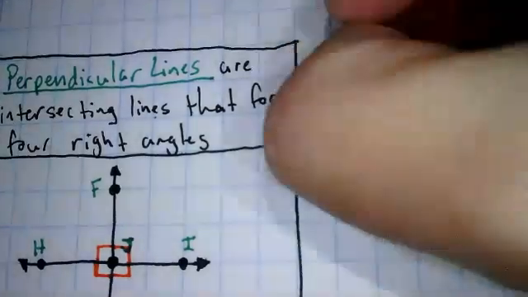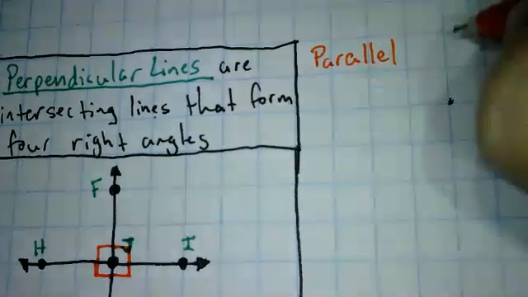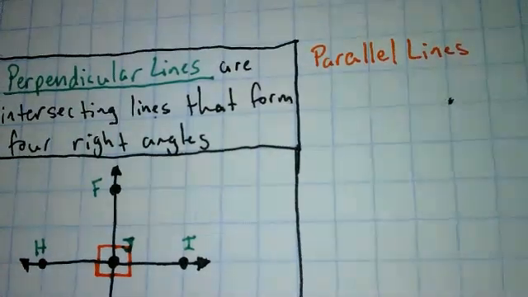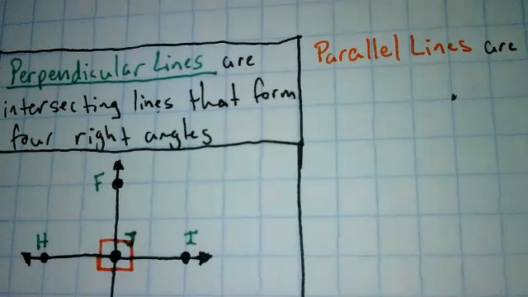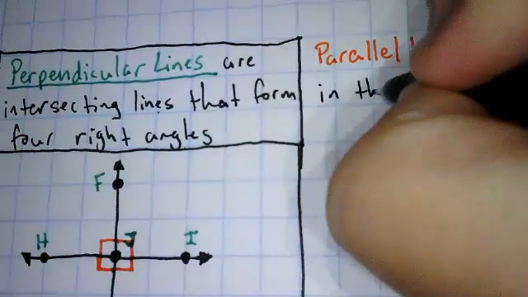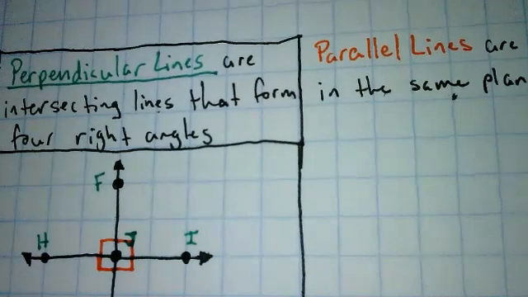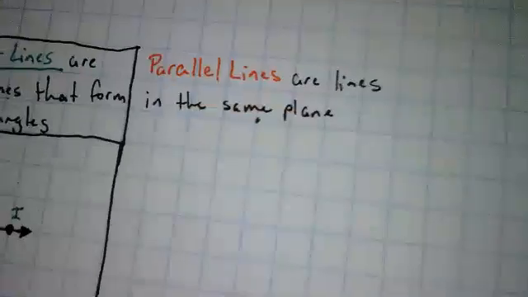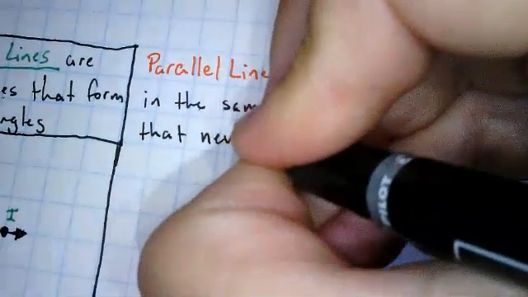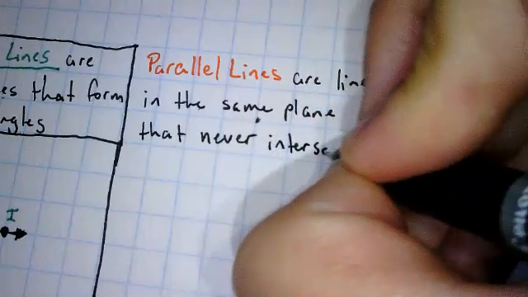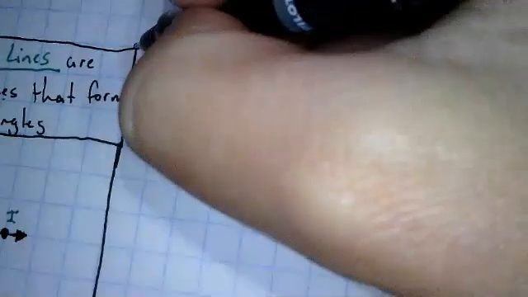So let's write our parallel definition. Everyone say parallel. Parallel lines are lines in the same plane. Plane just means like on the page together, okay? In the same plane that never intersect. They are not going to touch at all.